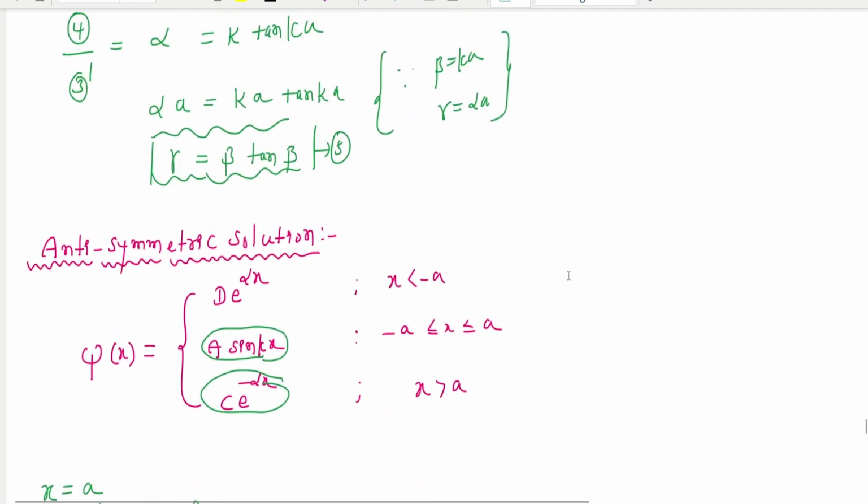So the first one is equation number 5, gamma is equal to beta tan beta.